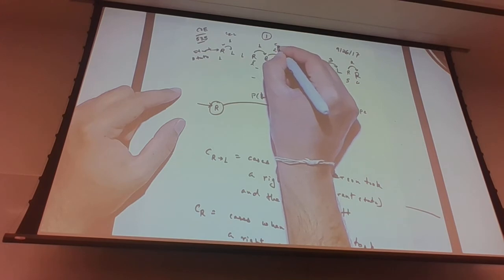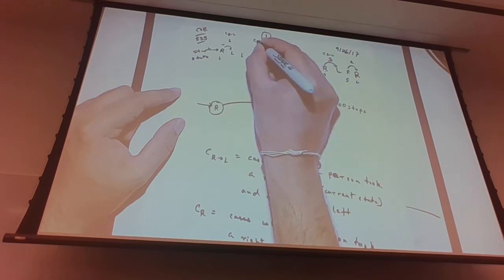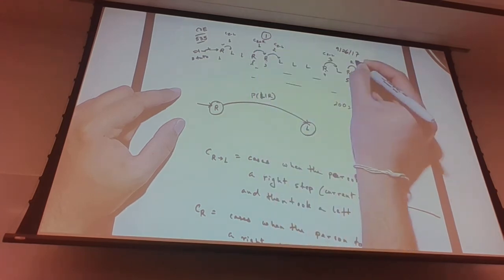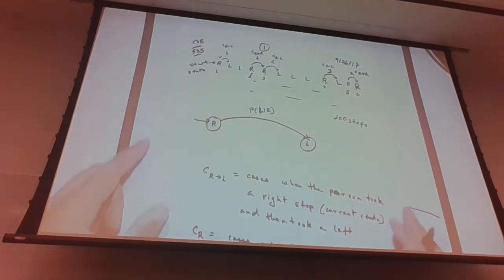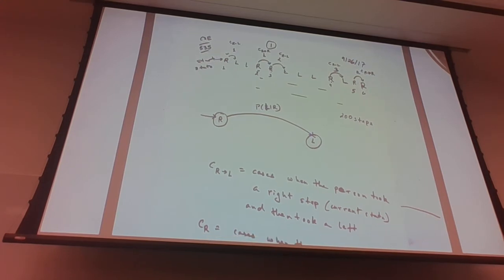This is CRL. This is CRL. This is CRR. Different. Okay. This is CRR. Okay. Is CR different from CRR? CR is different from CRR. So why is CR different from CRR?